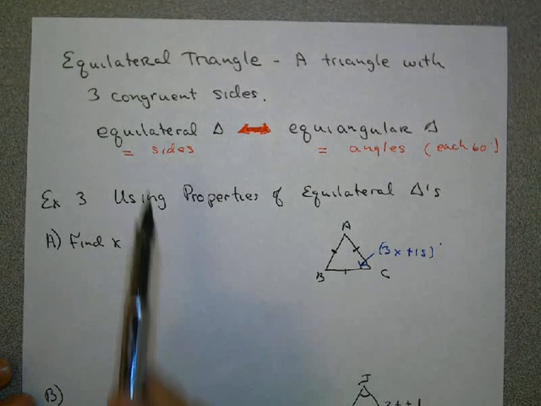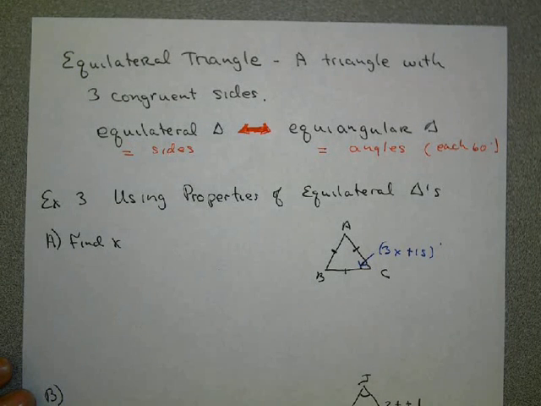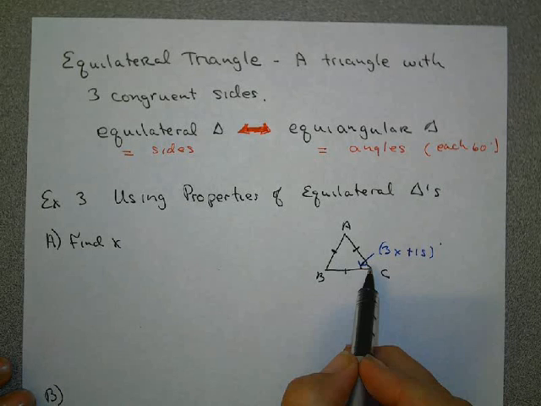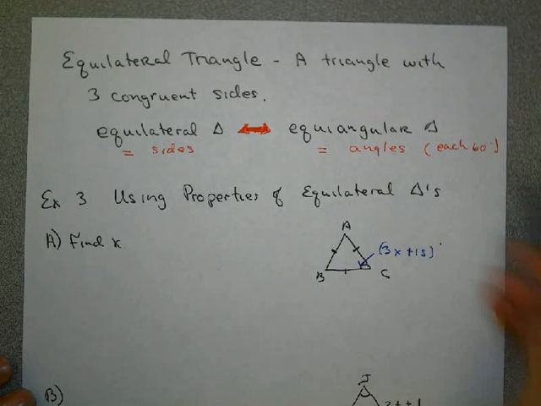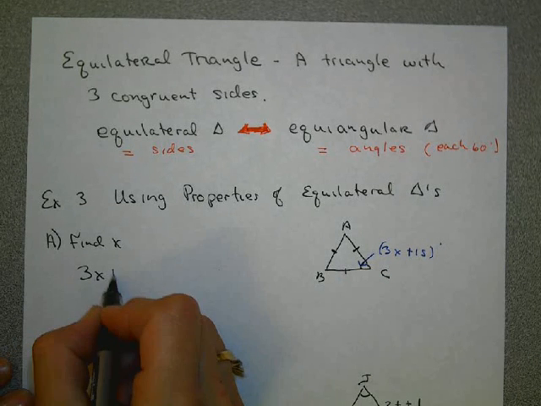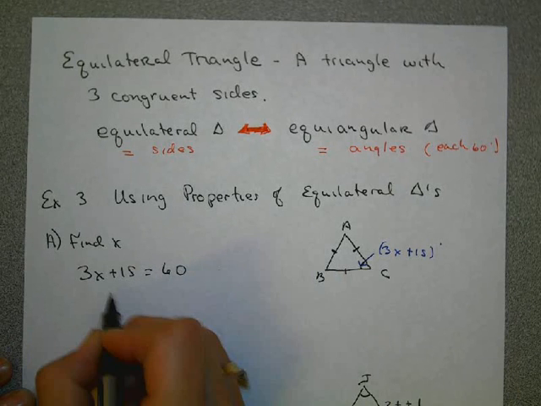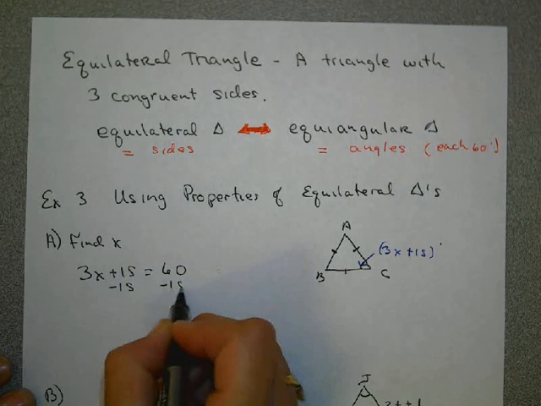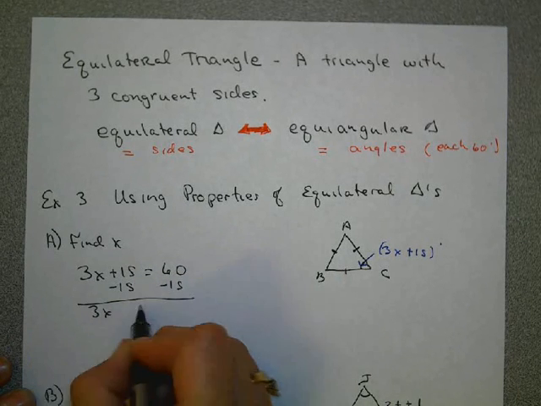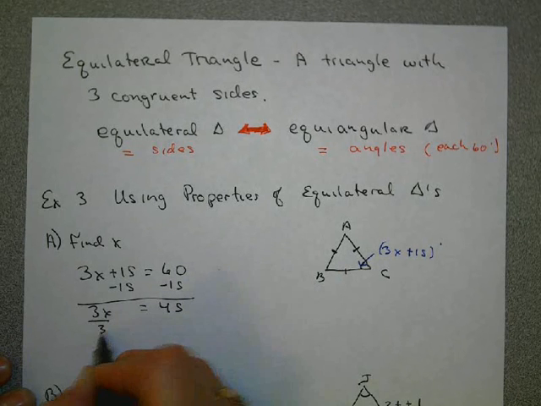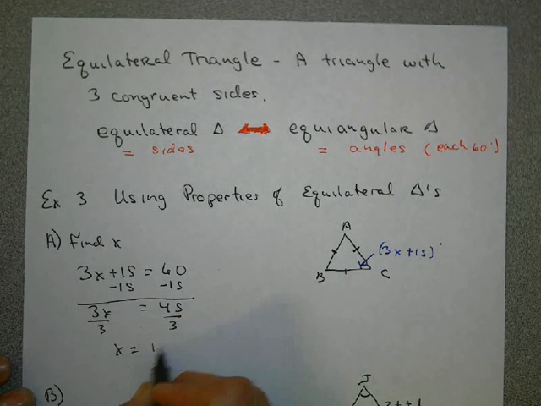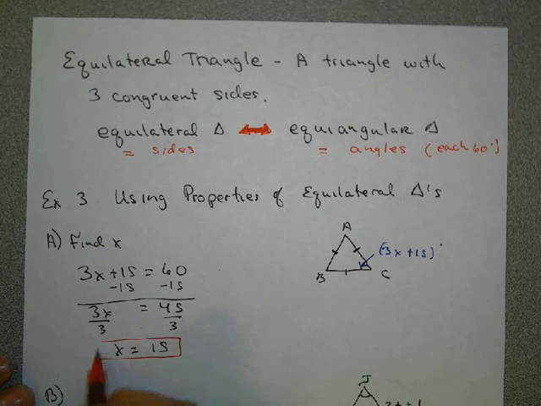So I know all these angles are the same, and they're each 60 degrees, so I can say 3x plus 15 equals 60. Take away my 15 from both sides. 3x equals 45, divide by 3, and I know x equals 15. And that's about all you'd have to find. You wouldn't have to plug it back in to find the angle, because we know the angle is 60 degrees.